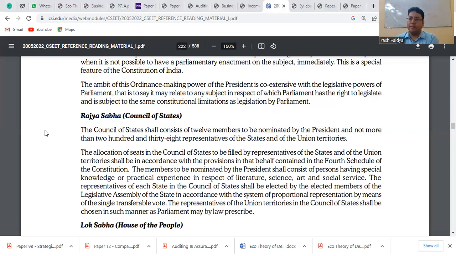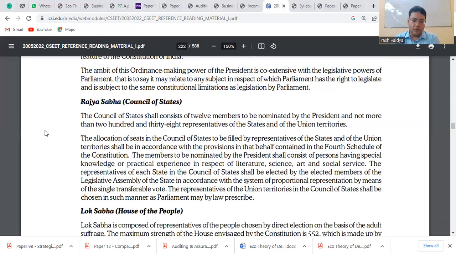What about Lakshadweep? What about Andaman and Nicobar? What about Daman and Diu and Dadra and Nagar Haveli? These union territories do not have a legislative assembly. So the members of Rajya Sabha from those union territories are chosen according to the law prescribed by Parliament. Very clear.